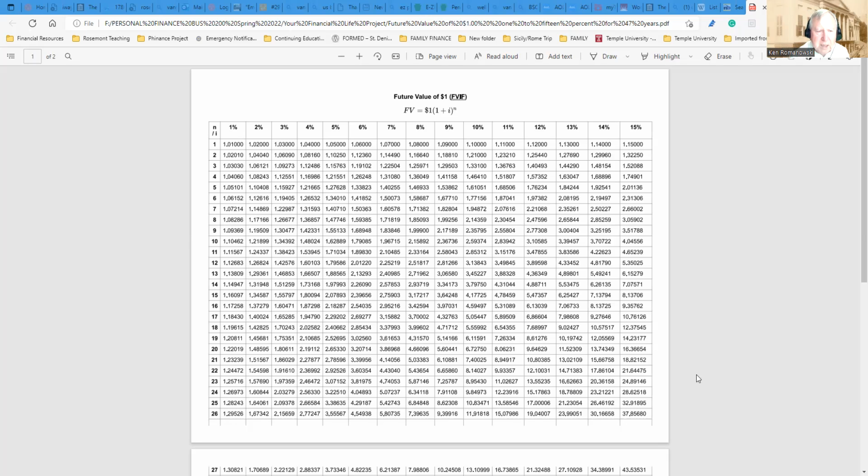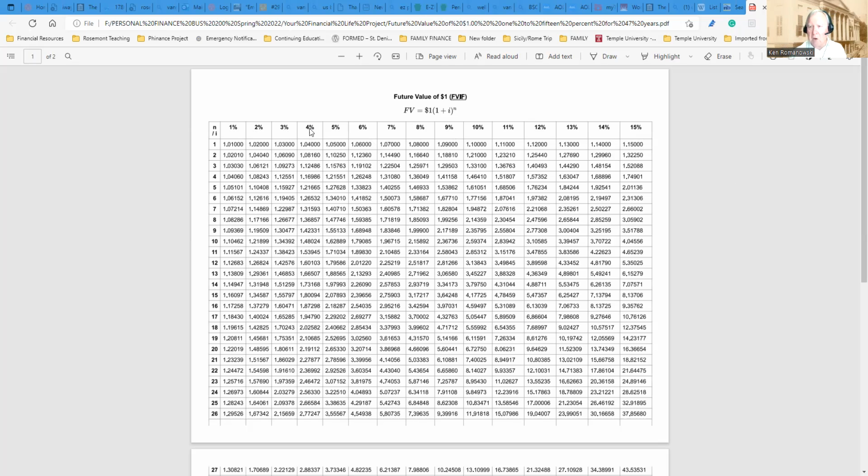So let's take an example. First of all, you're going to assume an inflation rate. On the top horizontal line, you have your choice anywhere from 1% to 15%. We're just trying to keep this easy so that we can understand the concept. In the event that you needed to use an inflation rate of, let's say, 3.5%, you would have to extrapolate, and that's where you find a number halfway between 3% and 4%.